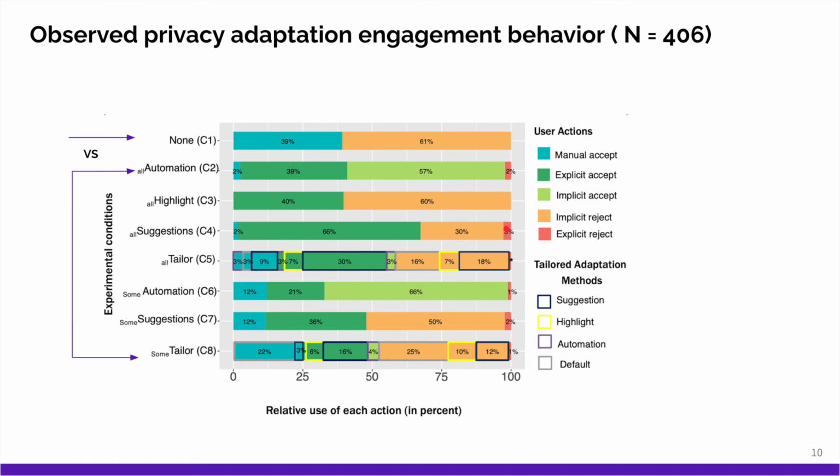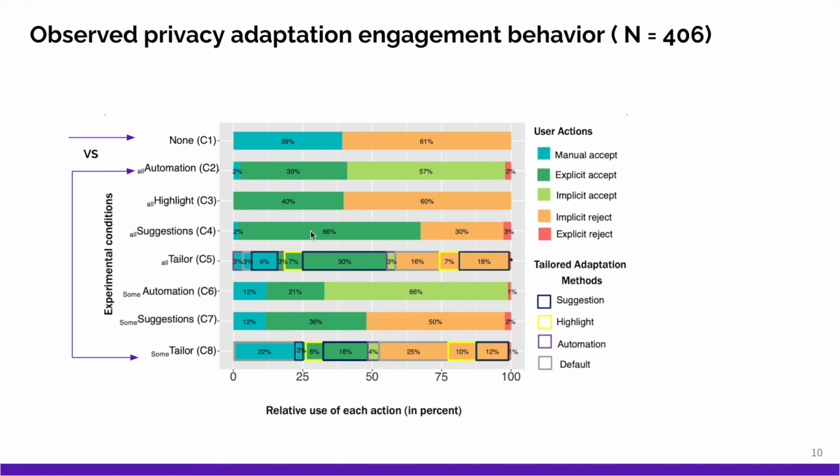And so what we found, we basically captured the different actions that they took under each of these conditions. And what we saw was that compared to the default condition where no adaptations were applied, we saw higher engagement patterns in conditions where adaptations were applied.